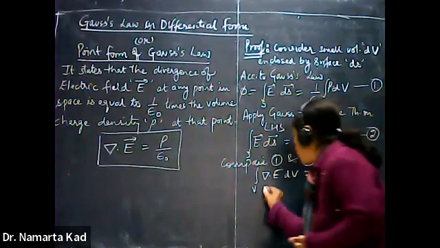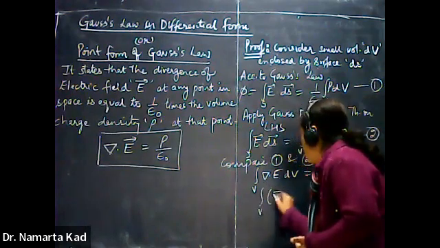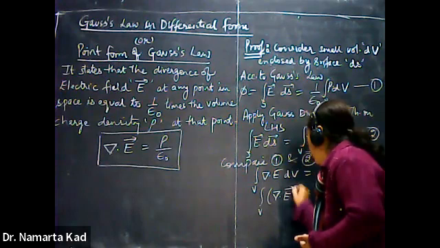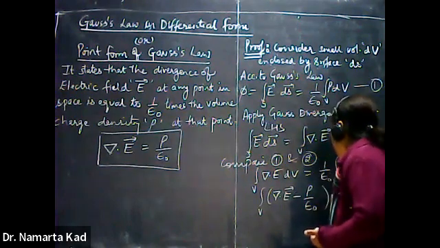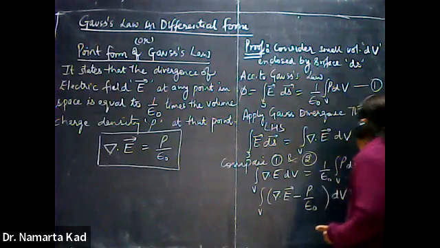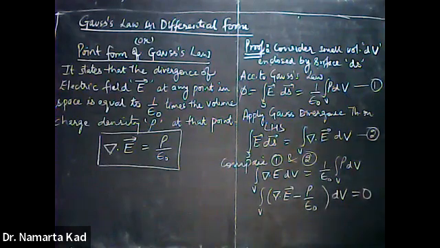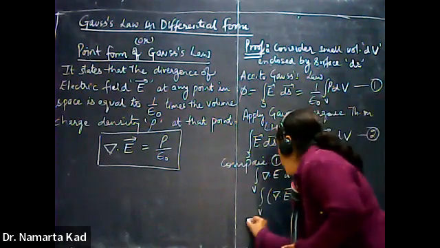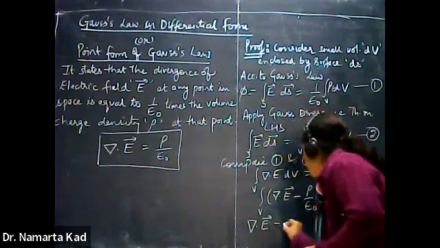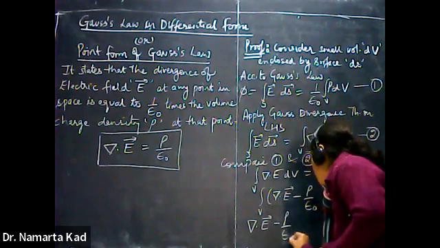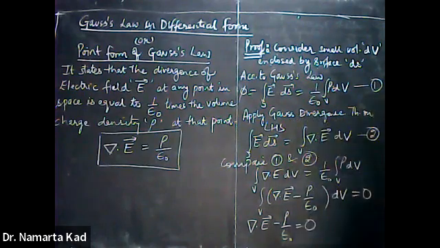You can also write it as the integral of del dot E vector minus rho by epsilon naught dV equals 0, which further gives del dot E vector minus rho by epsilon naught equal to 0, because the volume is arbitrary.